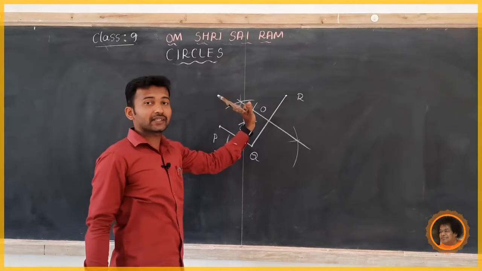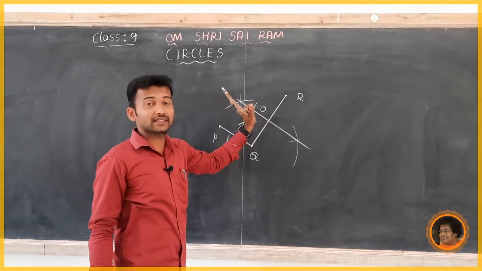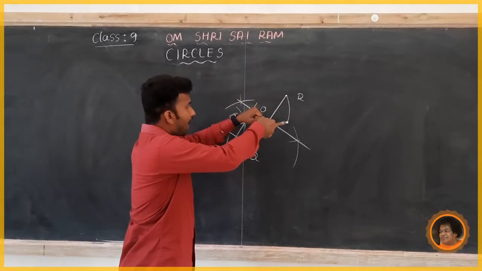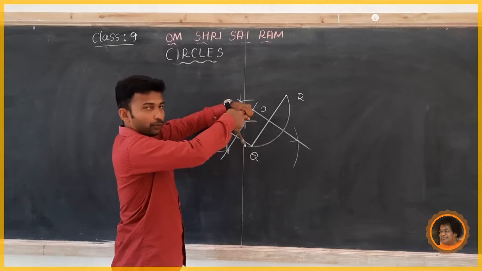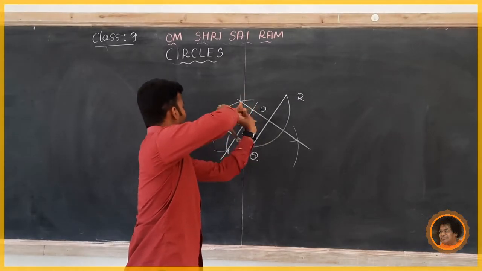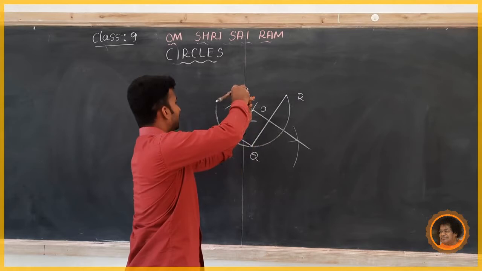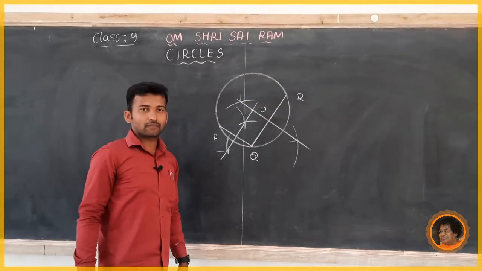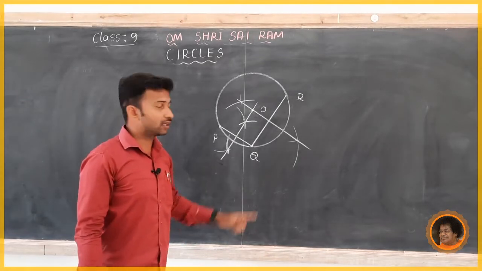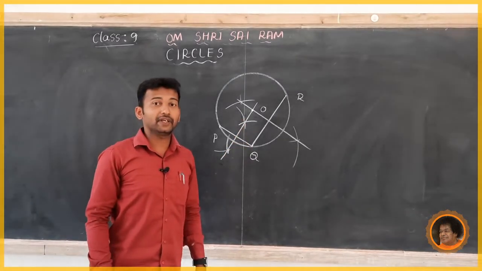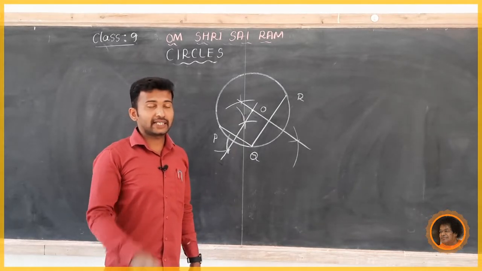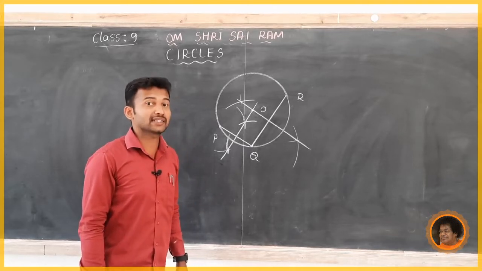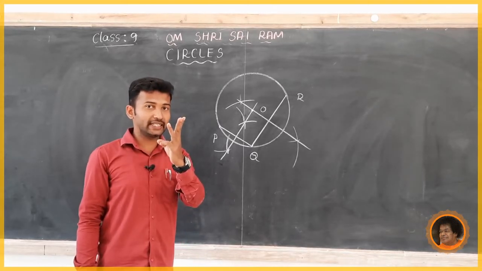The three points are equidistant from the center O. So by joining R, Q and P, we can draw a beautiful circle. By observing this construction, we concluded that we can draw a single circle which passes through three non-collinear points.